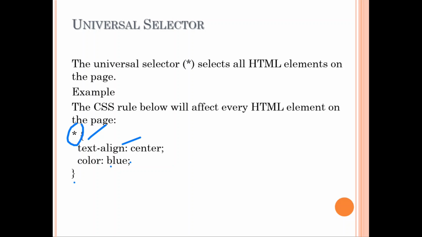As we have told you, the universal selector will apply to the whole page, so it is declared globally. Here we have declared the text align and color, so these properties will apply to the whole document.